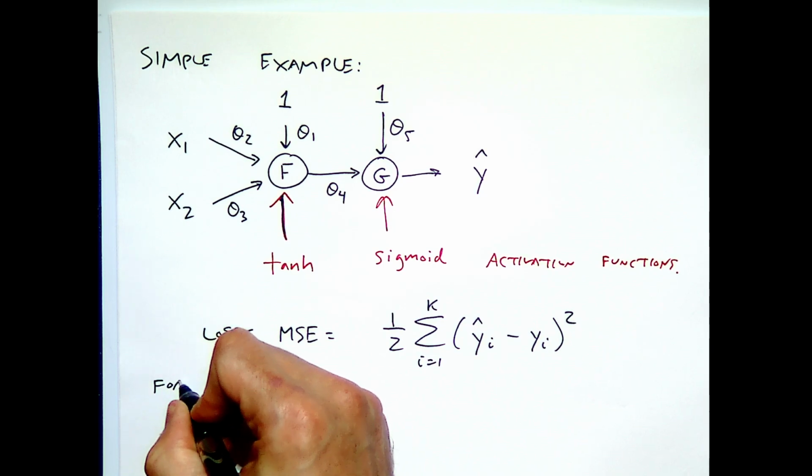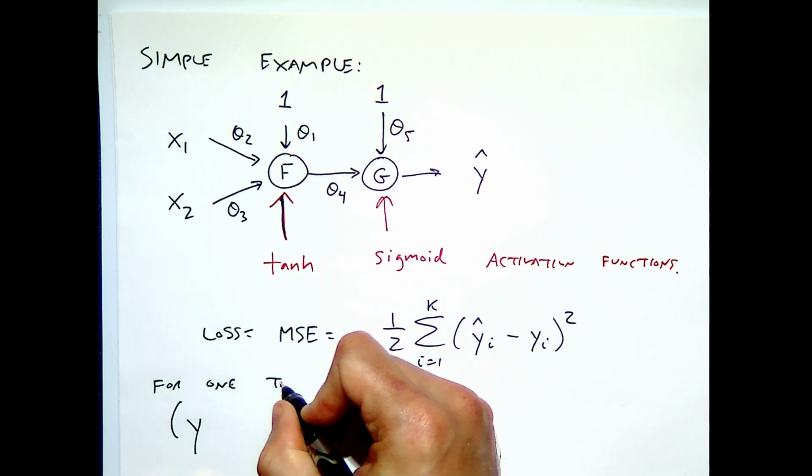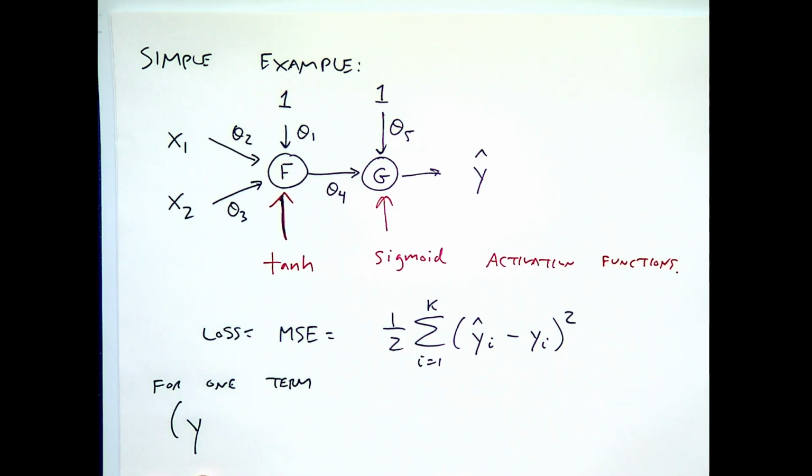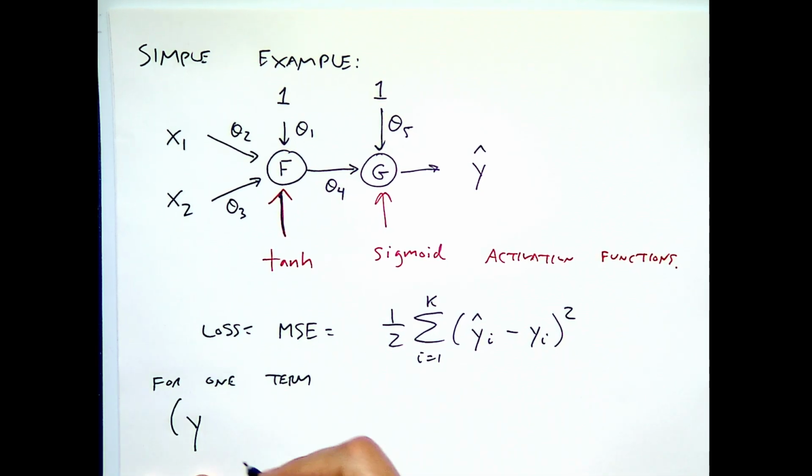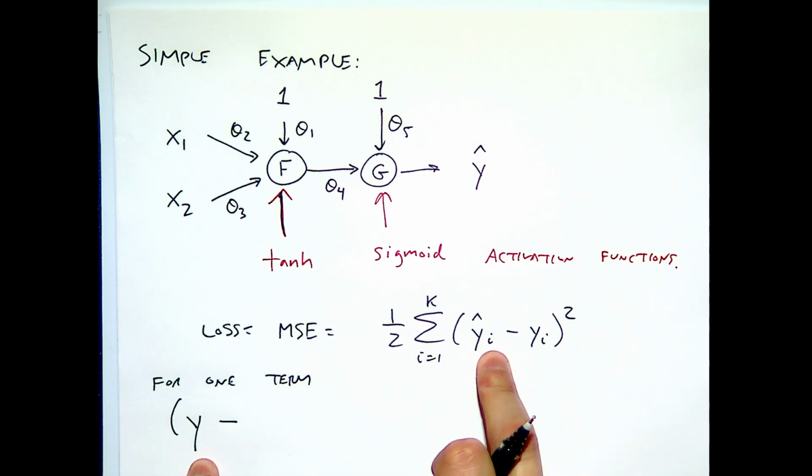for one term, let's drop the i for a second, then the loss is like, this is the truth, and how did I obtain this y_i?